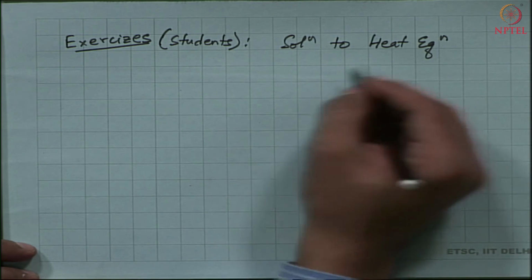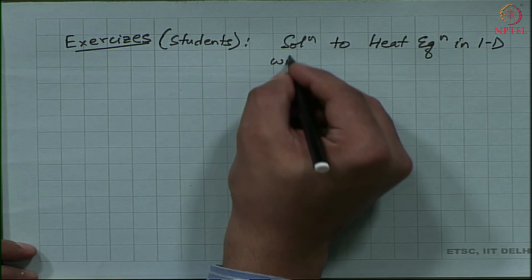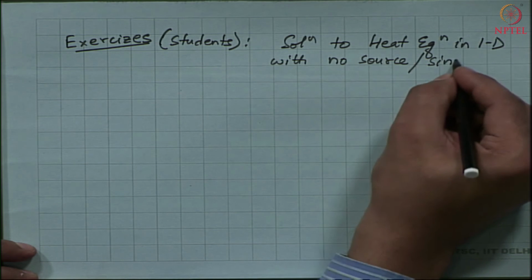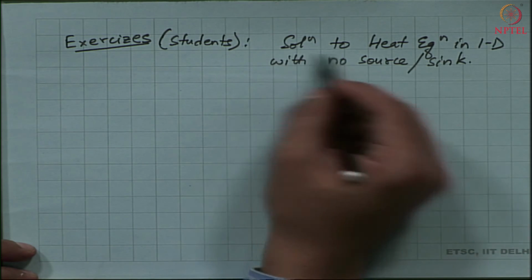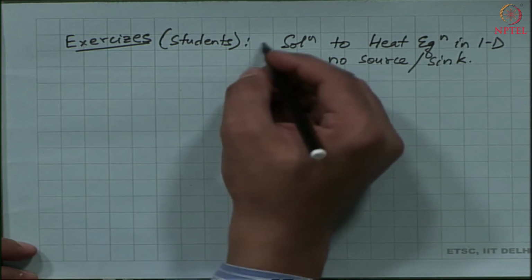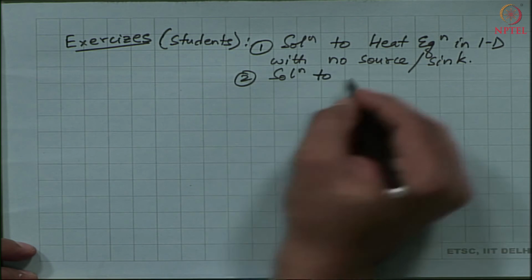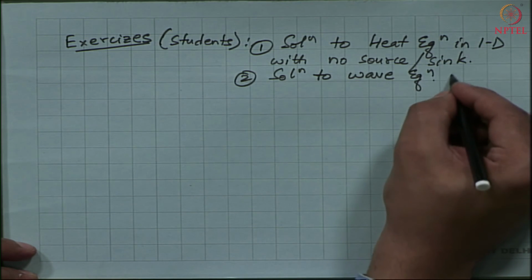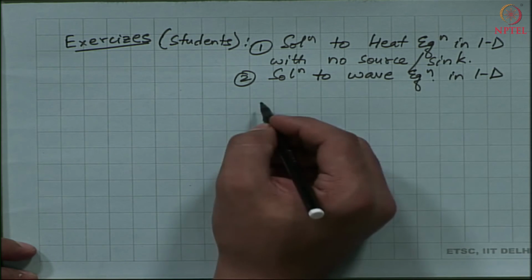So, heat equation in, let us say, one dimension, in 1D with no source or sink. This is a very simple second order partial differential equation, and the same idea of Fourier transform can be used to find the solution to the heat equation. Or another exercise could be the solution to the wave equation. The wave equation in 1D. So, this can all be found out by the method just described and by the examples just described.